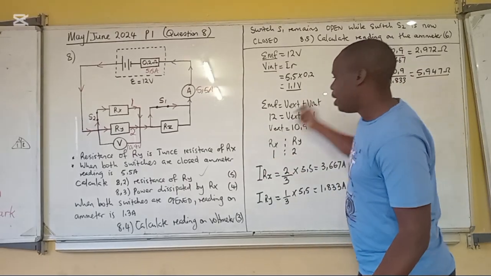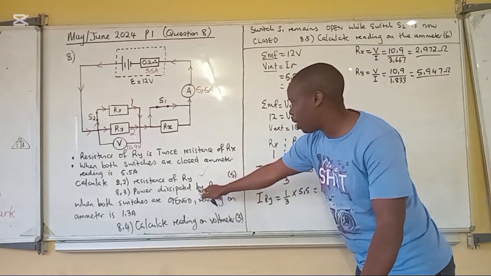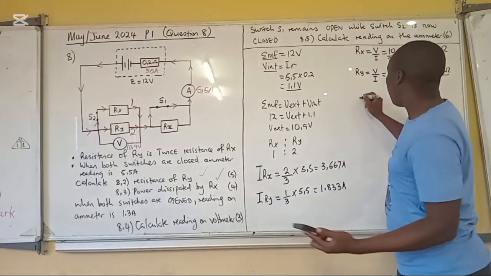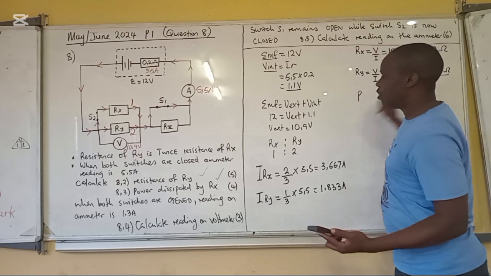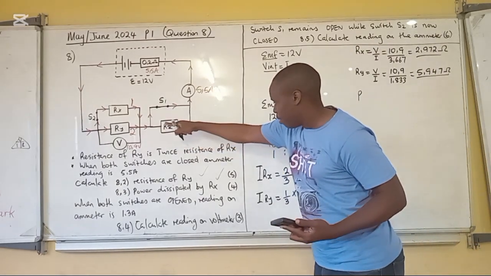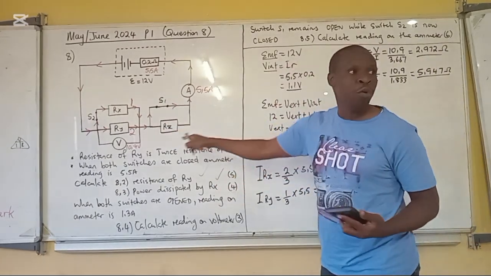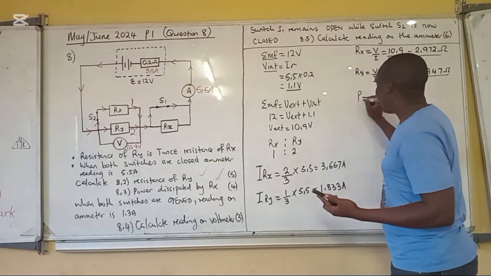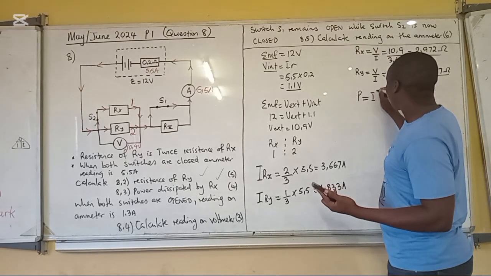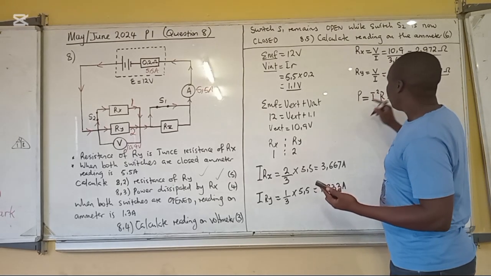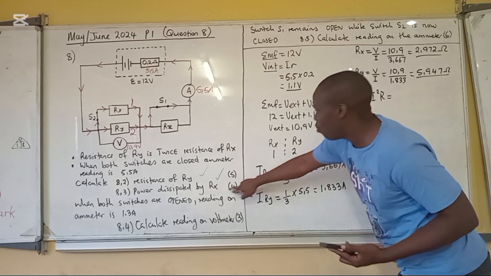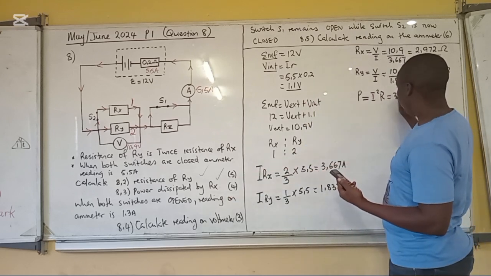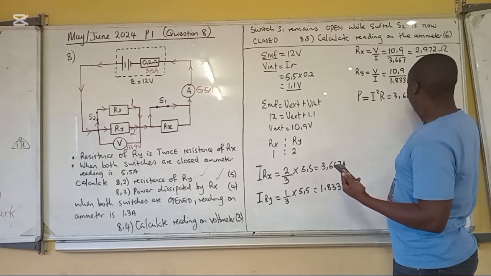There's a question asking us to calculate the power dissipated by Rx. Since I have obtained the resistance of Rx and I know the current flowing through it, I can make use of the formula power equals I squared R. The current flowing through Rx is 3.667.